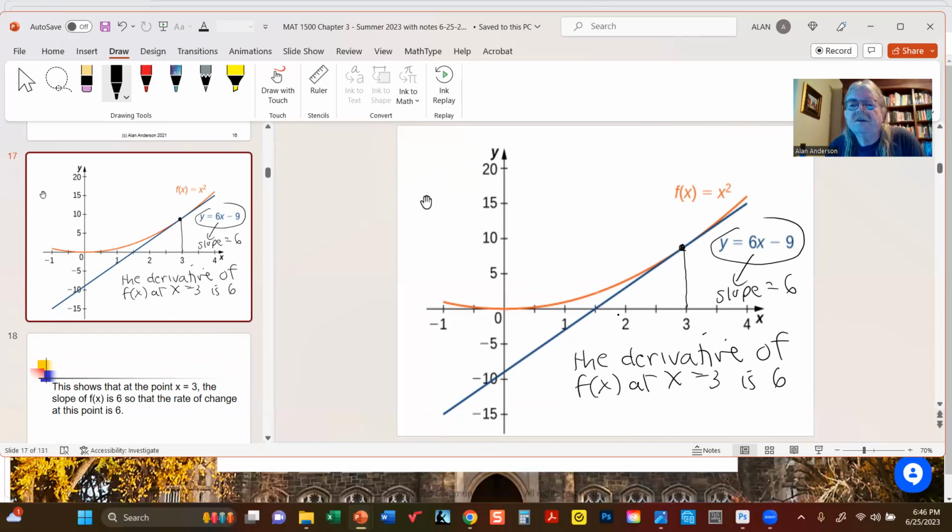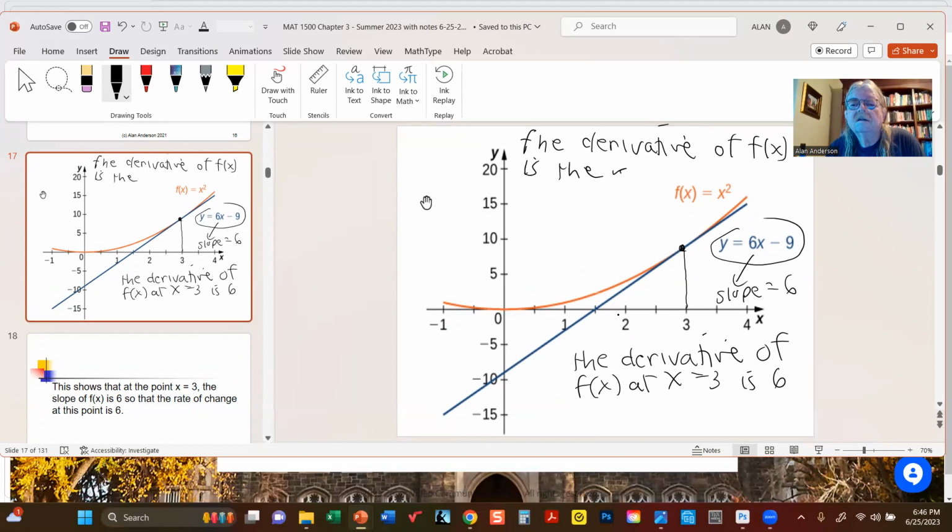So think of the derivative as basically just the rate of change of y with respect to x. You have to think about it this way.